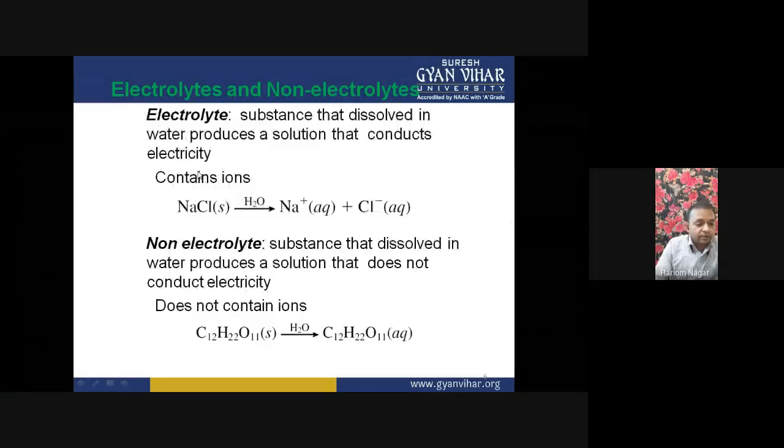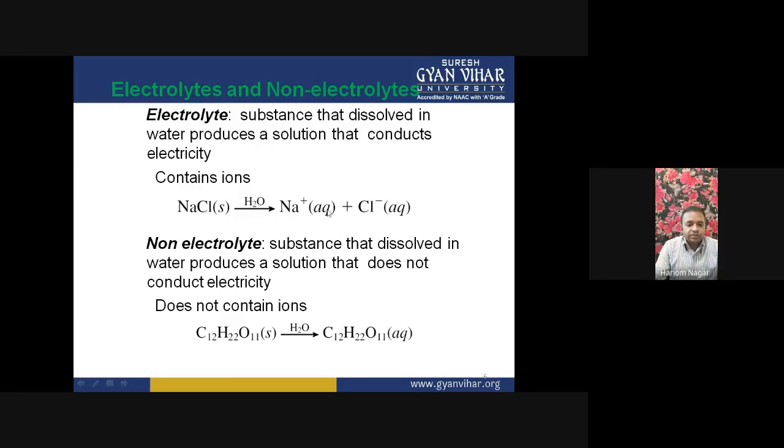Yes, that is correct. A substance that dissolved in water produces a solution that conducts electricity. Suppose this is a substance and it is dissolved in water, and now this produces electricity. This conducts electricity because when we dissolve NaCl in water, it is ionized into Na plus and Cl minus ions.